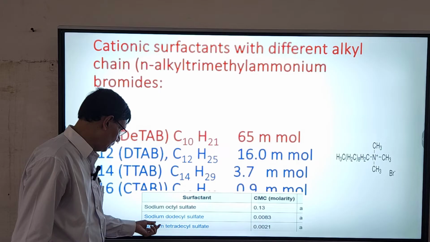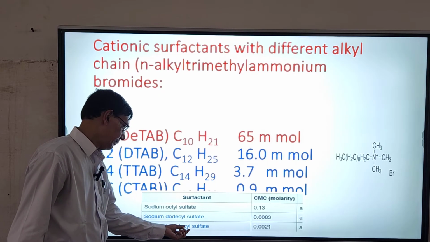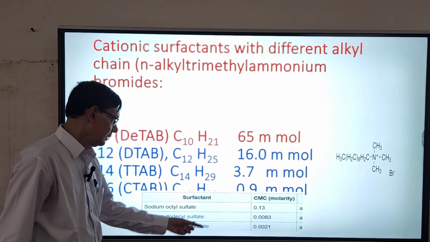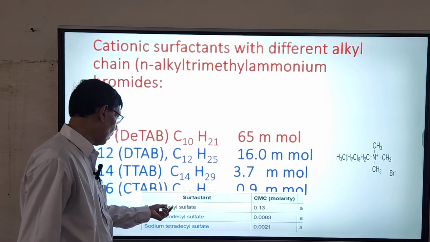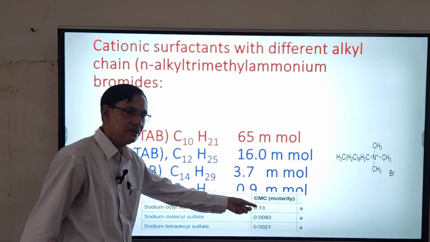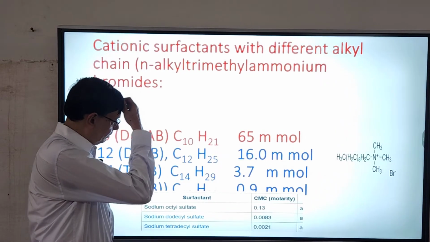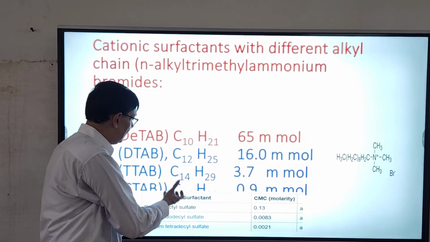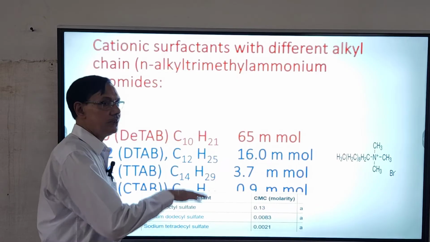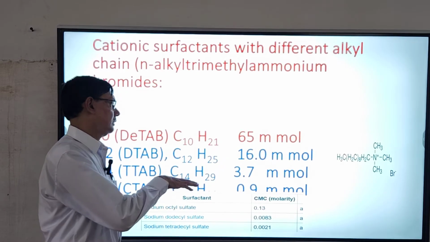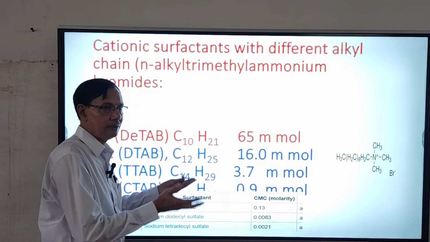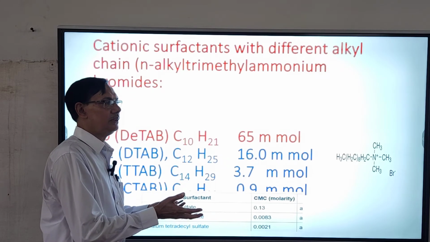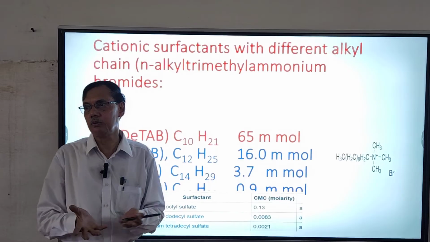Now I am taking the sodium tetradecyl, again 2.1. If I take sodium octyl, you see, that means if we increase the chain length, CMC is decreased. If we increase the chain length, the hydrophobicity will be increased. That means the CMC is inversely proportional to the hydrophobicity.